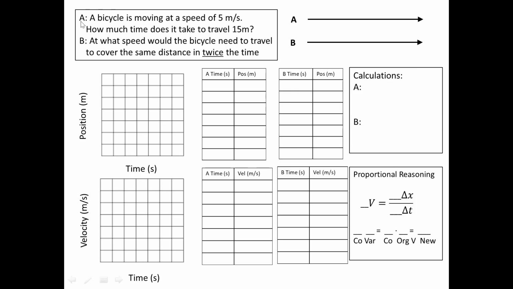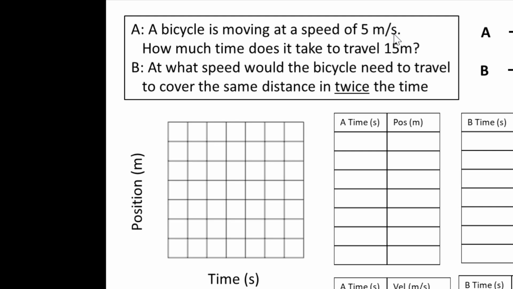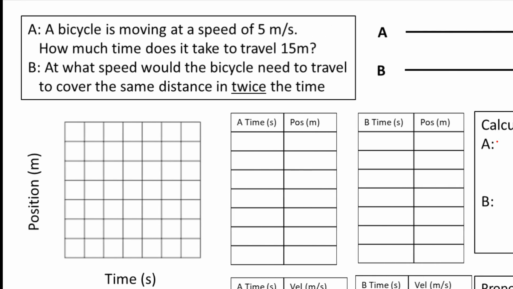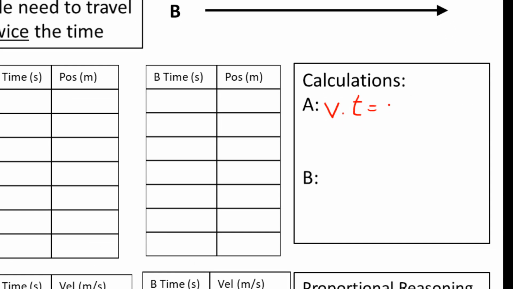Let's get started. In A we're looking at a bicycle moving at a speed of 5 meters per second. How much time does it take for the bike to travel 15 meters? I know my relationship: my velocity times my time is equal to my displacement.